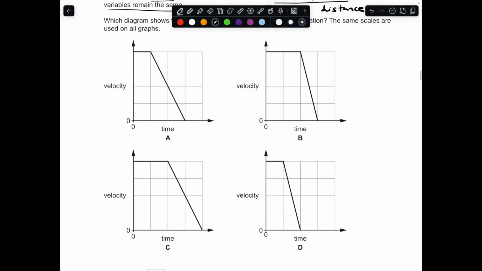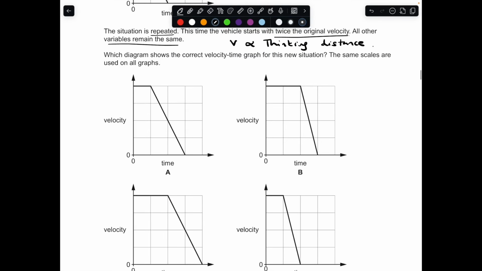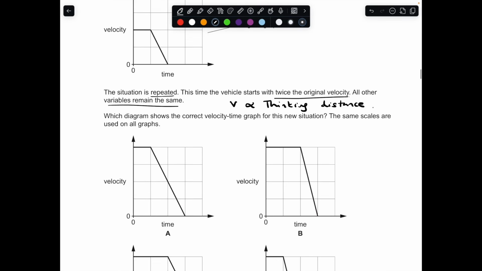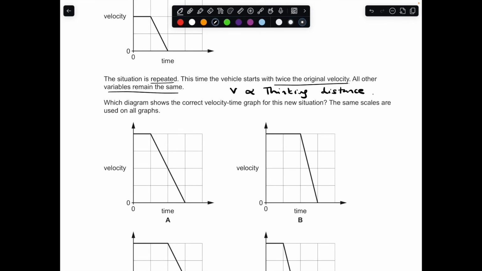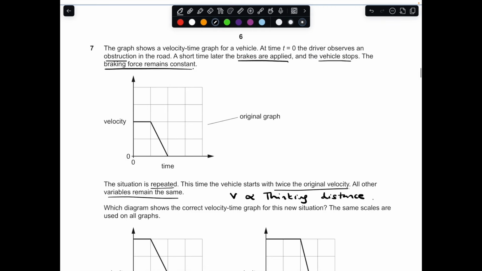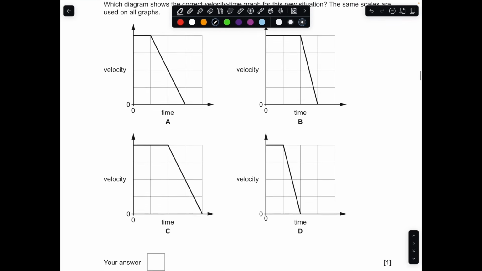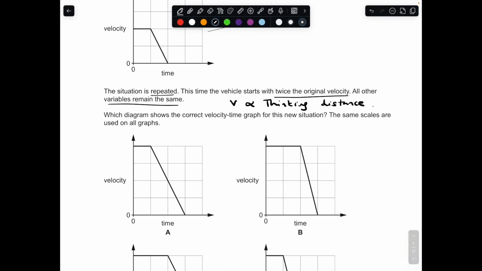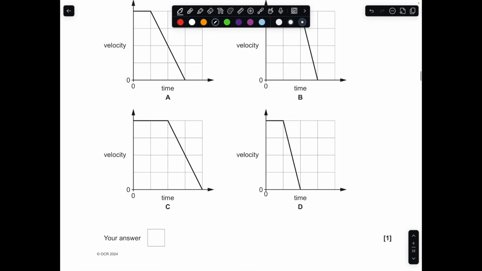So out of these 4 graphs, we can safely say that the gradient in graph A is the same as the one shown in the diagram, whereas the rest of the other gradients are changing and the velocity is higher, so that initial thinking distance will also be twice as much. So A would be the answer here.